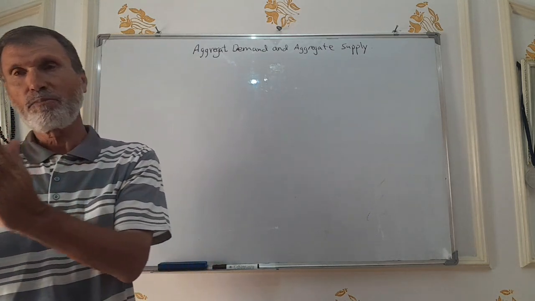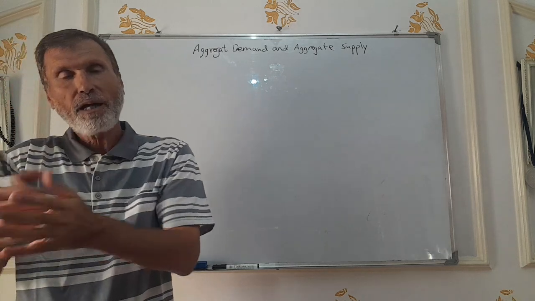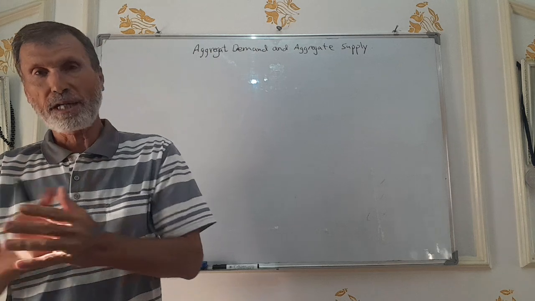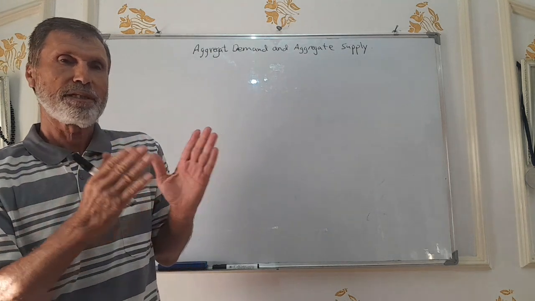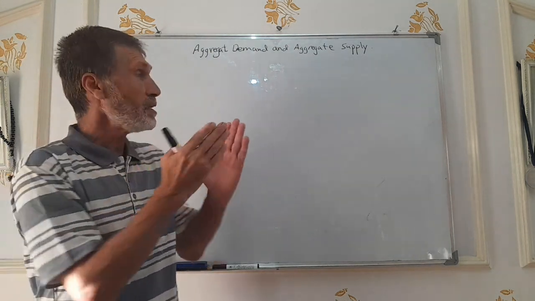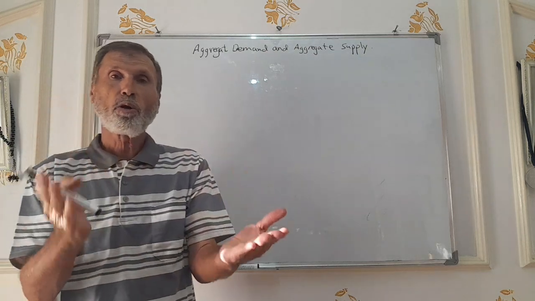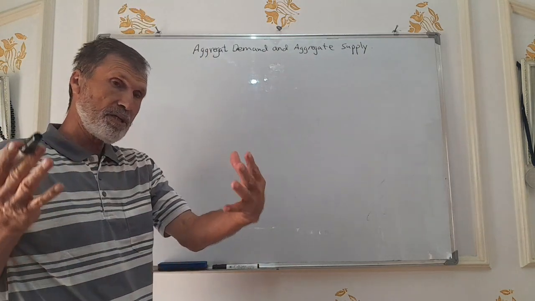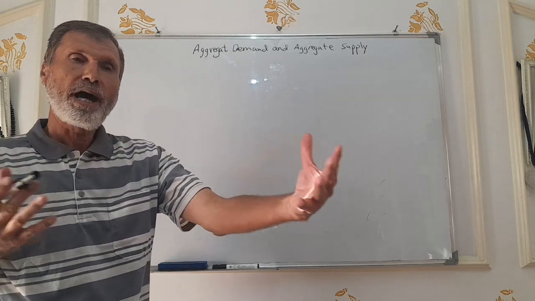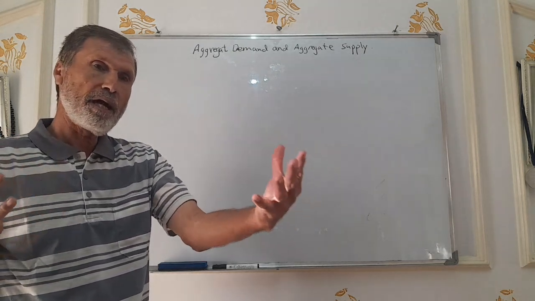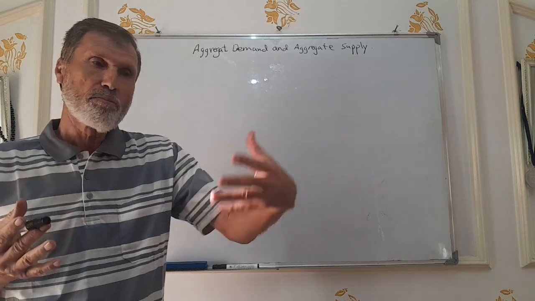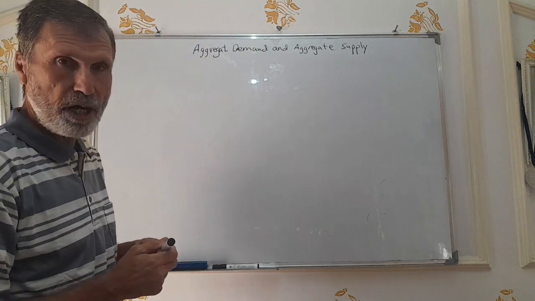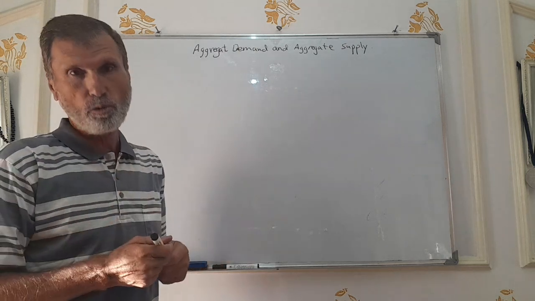And when they are speaking about the aggregate supply, they are speaking about the producing activity. So let us draw a flow chart to show the two activities of an economy. We can look at an economy from two sides: buying activity and producing activity.